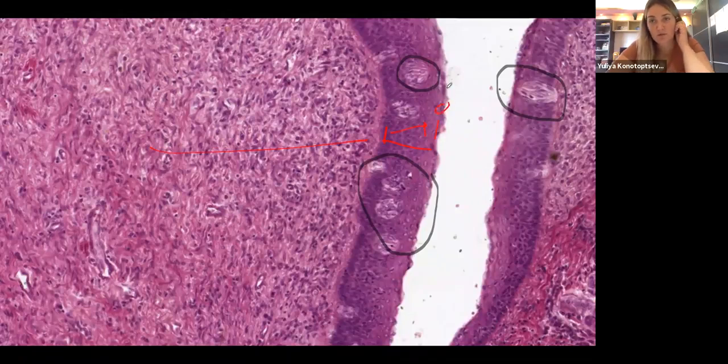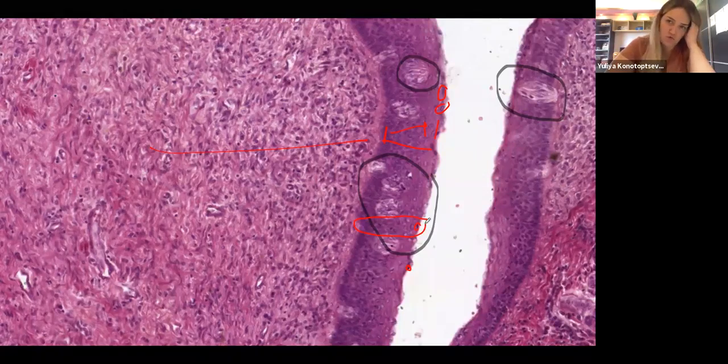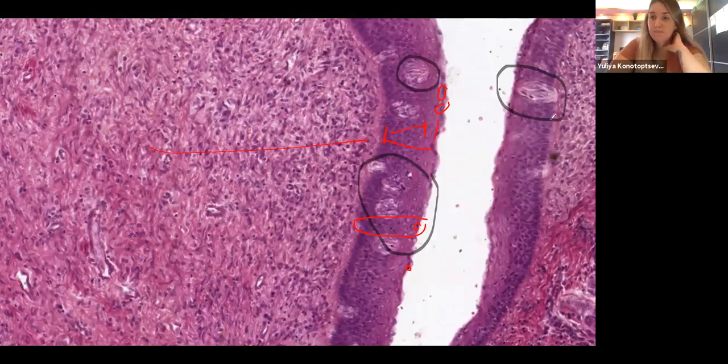You can clearly see the nuclei on the superficial surface, so it's non-keratinized epithelium. In some areas the nuclei are pyknotic, very dark. So probably this area right here is parakeratinized epithelium. But they're not going to make you choose this, so you're just going to say this is non-keratinized epithelium.